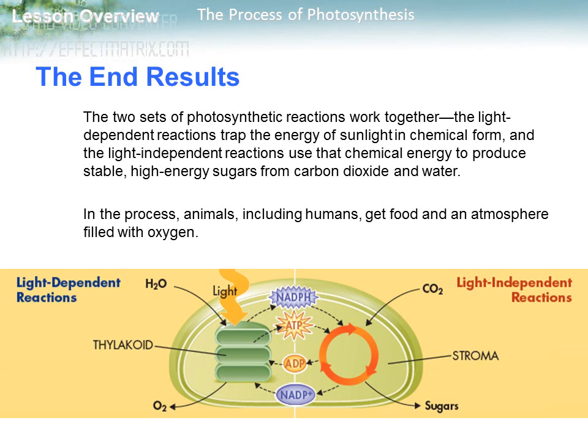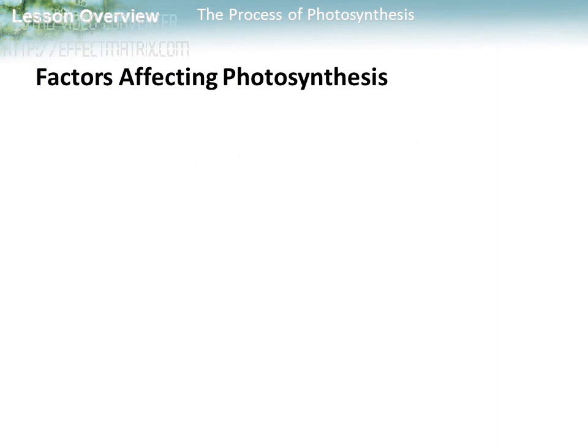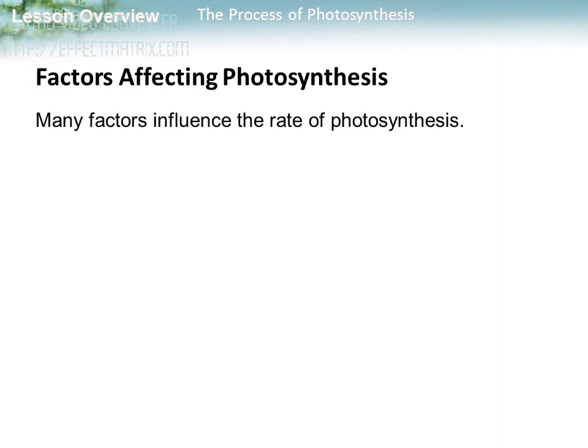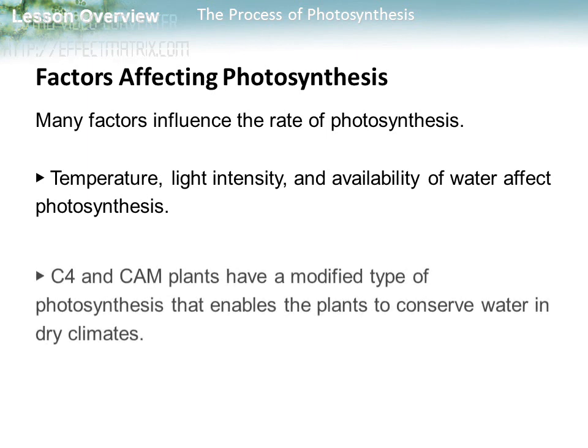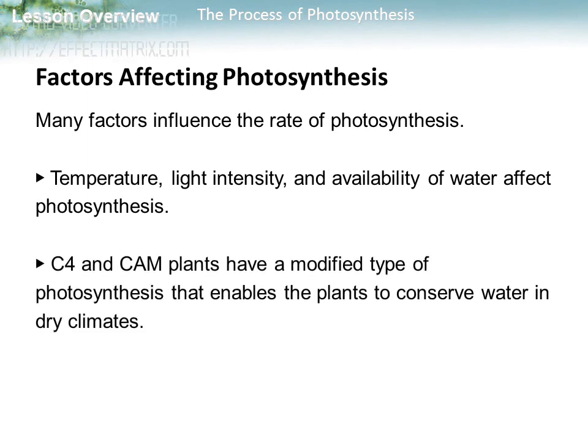In the process, animals, including humans, get food and an atmosphere filled with oxygen. Factors affecting photosynthesis: many factors influence the rate of photosynthesis. These factors include temperature, light intensity, and availability of water.